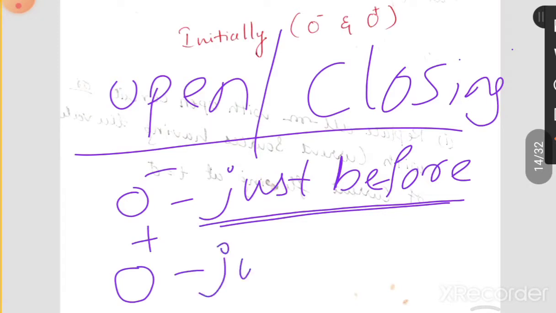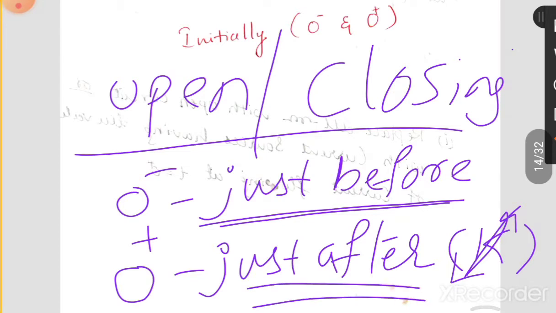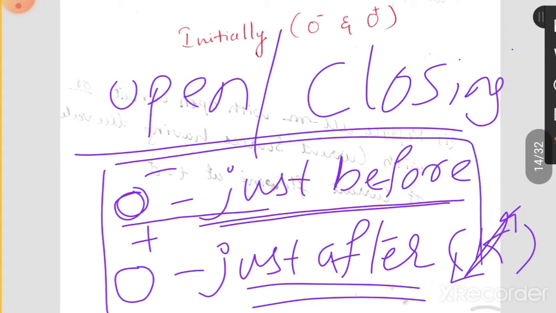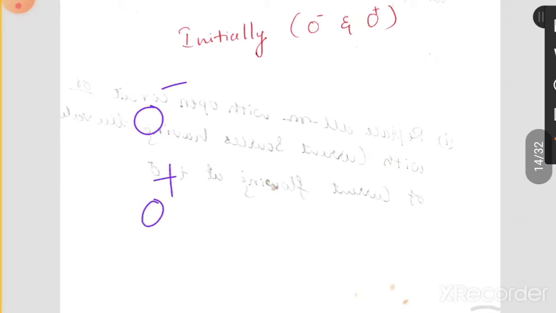It is just after, whether you are closing the circuit or opening the circuit. Whatever the switching action, 0 plus means just after, and 0 minus is just before. You have to observe these two things, then you don't get confused about what 0 minus and 0 plus mean.